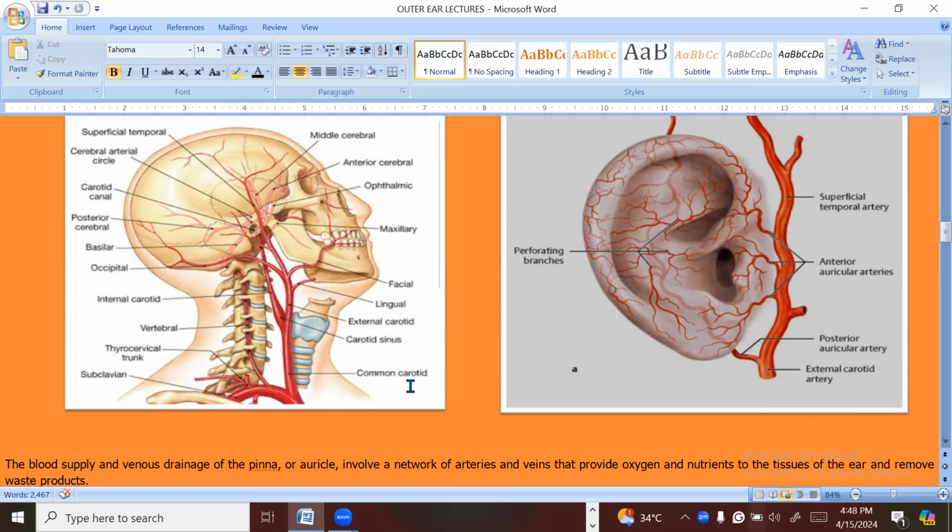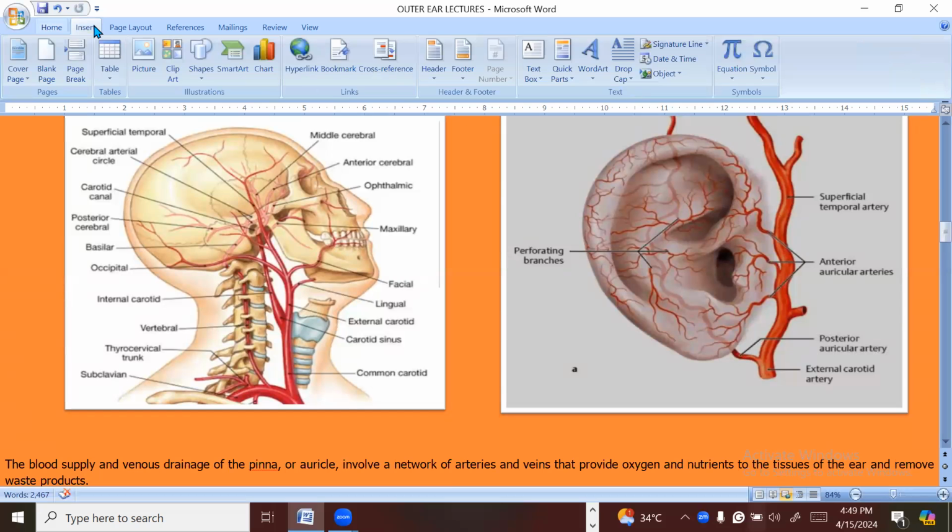And this common carotid artery branches off from the brachiocephalic, directly from the aorta. So it now branches into two places. We have the internal carotid. This is the internal carotid.